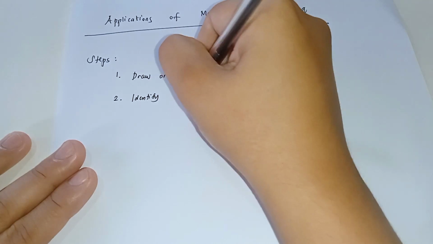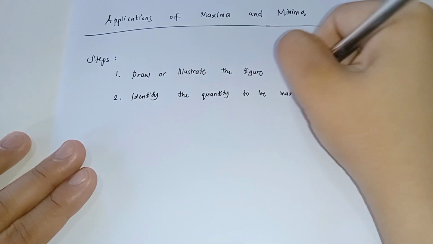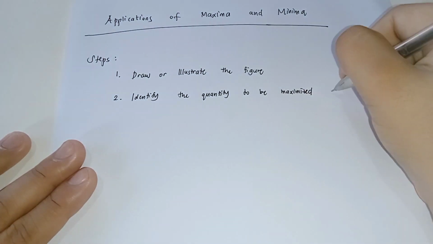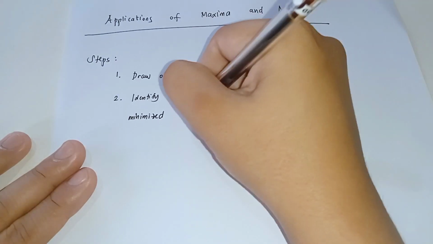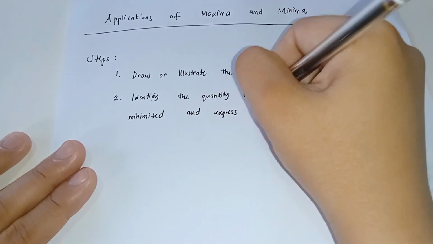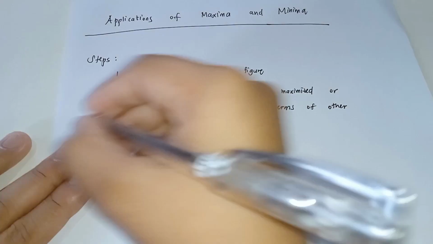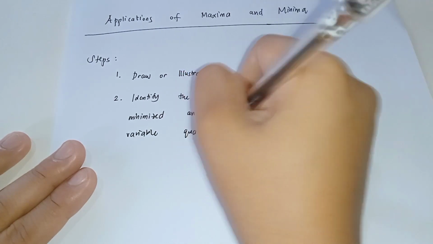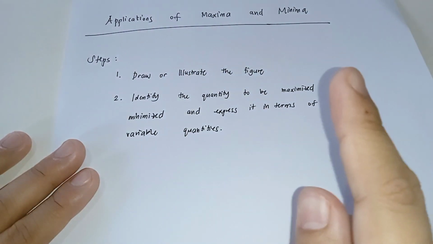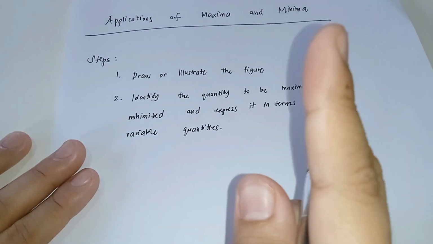Identify the quantity to be maximized or minimized and express it in terms of other variable quantities. And if possible, express this quantity in terms of a single variable.